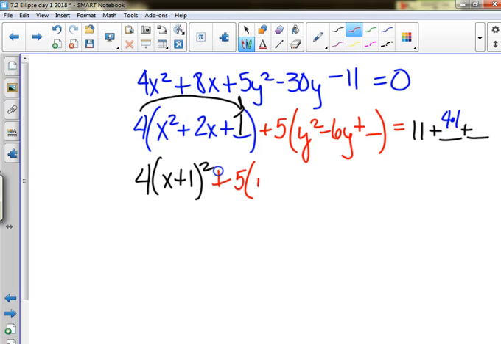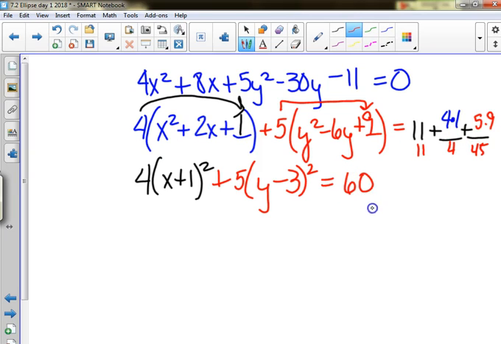Plus, bring down the 5, y minus half of negative 6 is negative 3, squared is a 9, so I'm adding 5 times 9 over here. Okay, somebody type in. 4 times 1 is 4, 45, 11, 60. Okay, so then what?